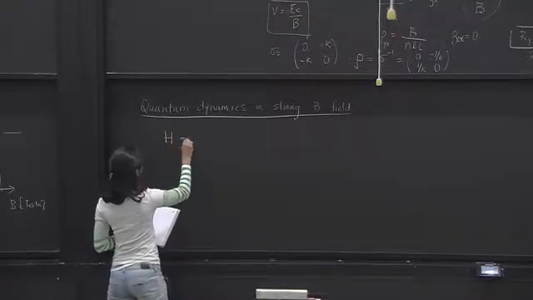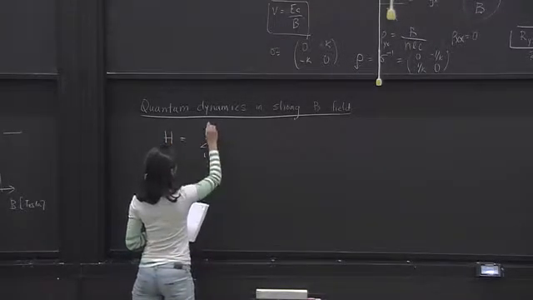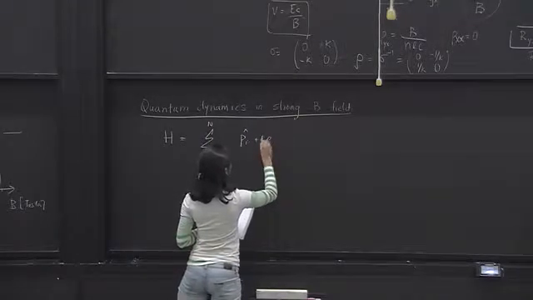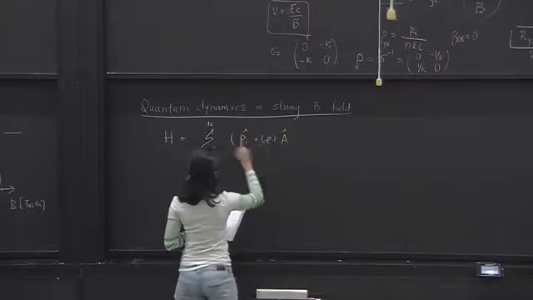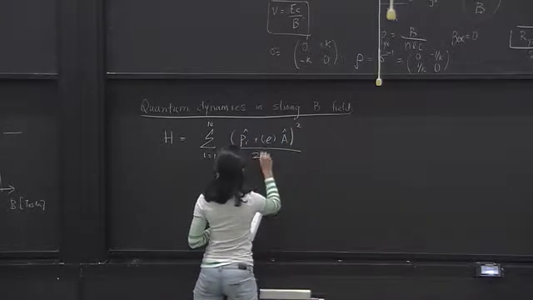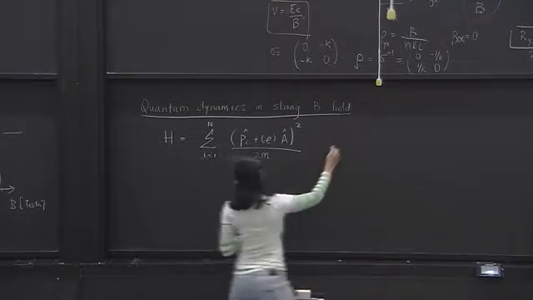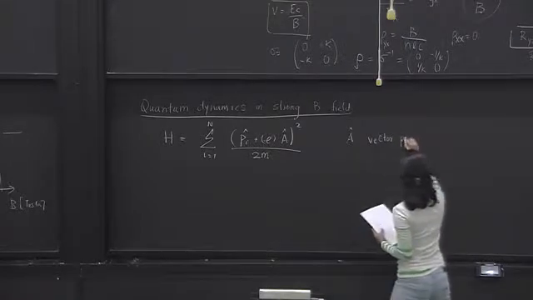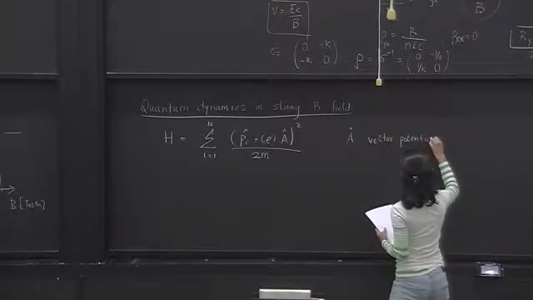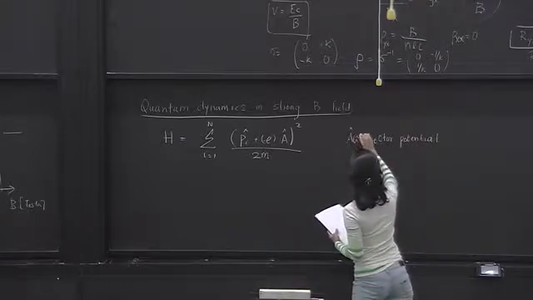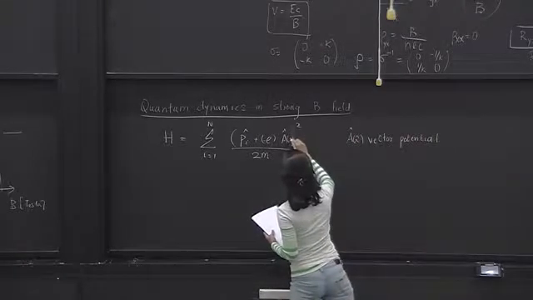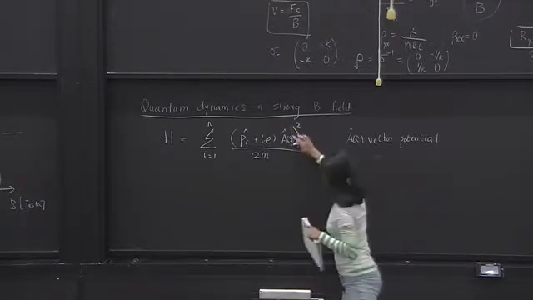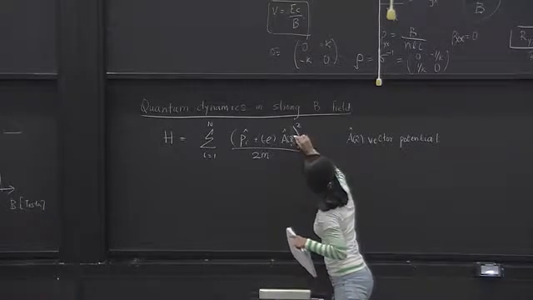So that means they have a Hamiltonian, which looks like this, plus 2m, where A depends on x.